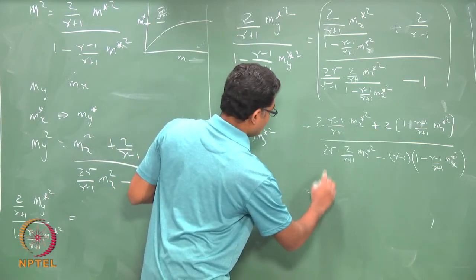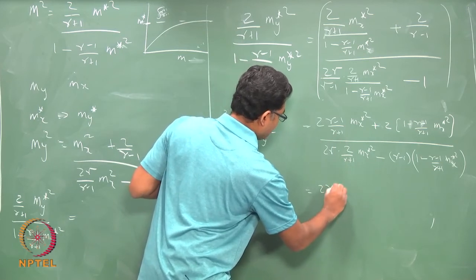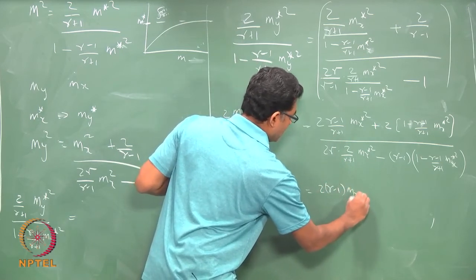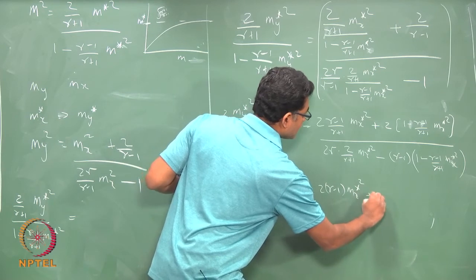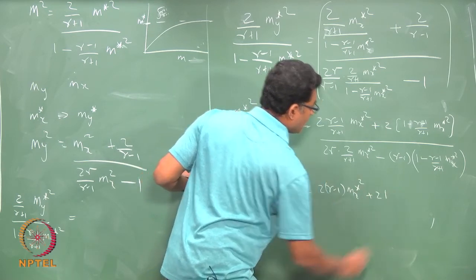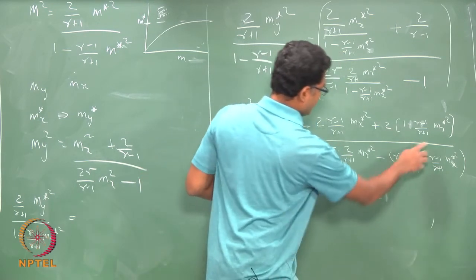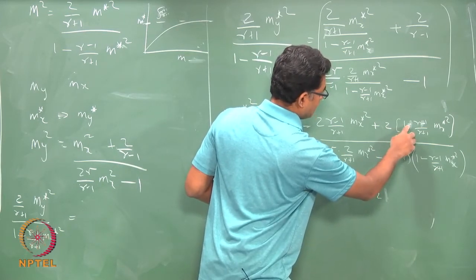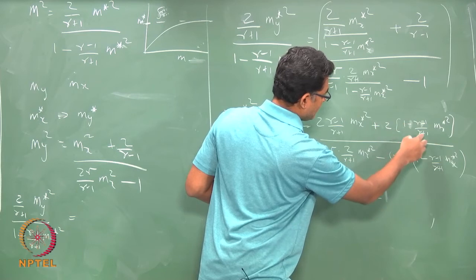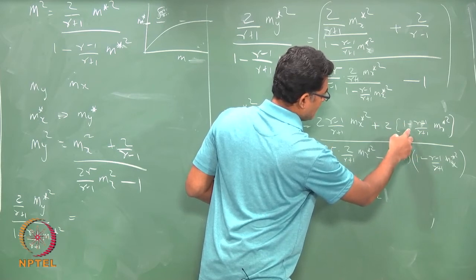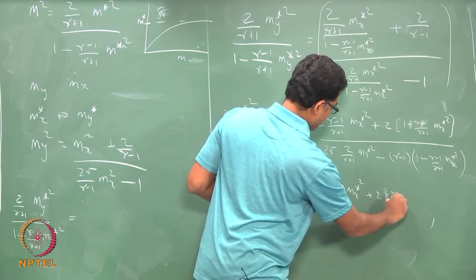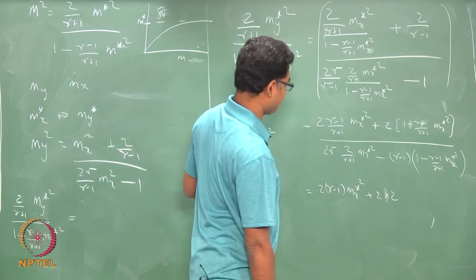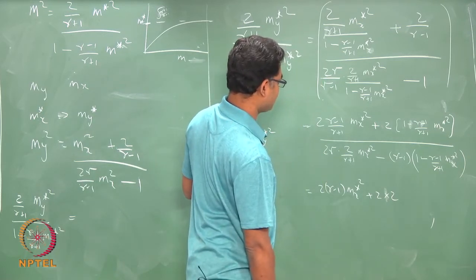So this would be 2 gamma minus 1 Mx square plus 2 into gamma plus 1 minus gamma minus 1, gamma cancels and 1 will remain as 2, correct.